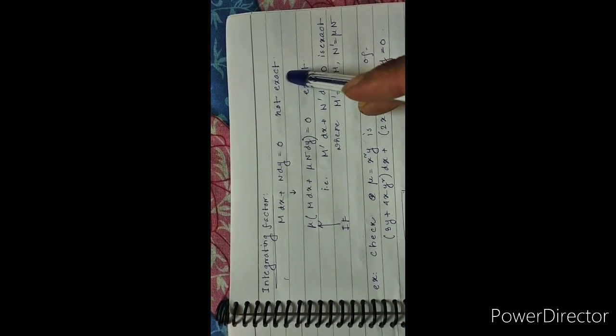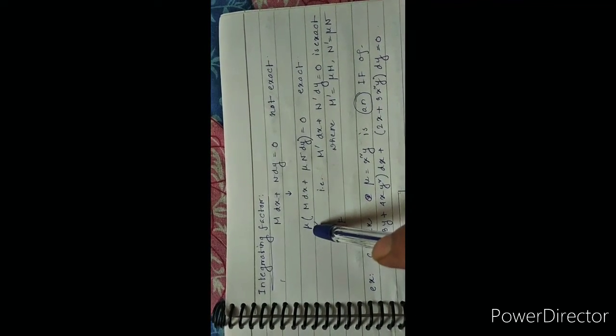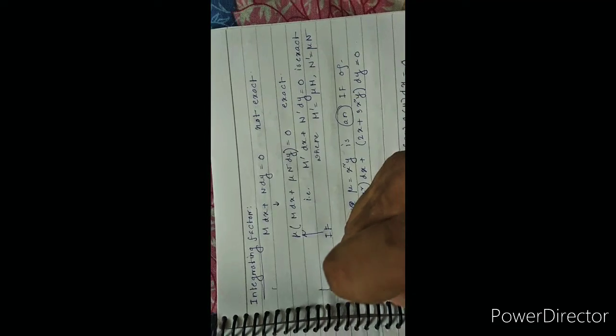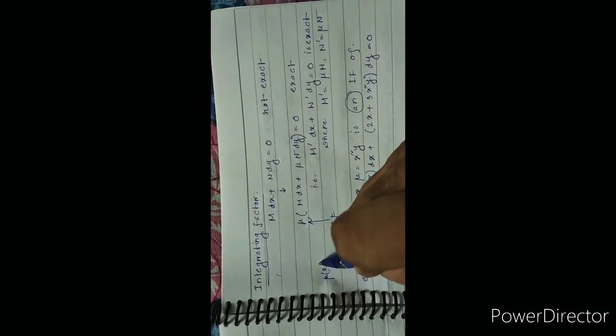If this is not exact, let us consider that there exists some function mu. Mu is not a constant here, but a function of both x and y.